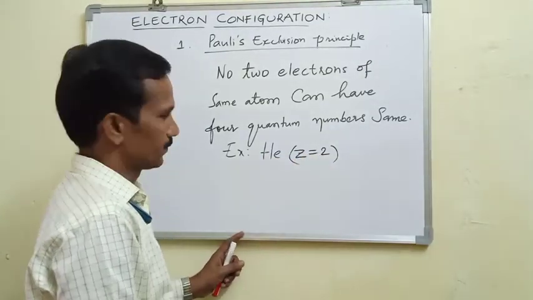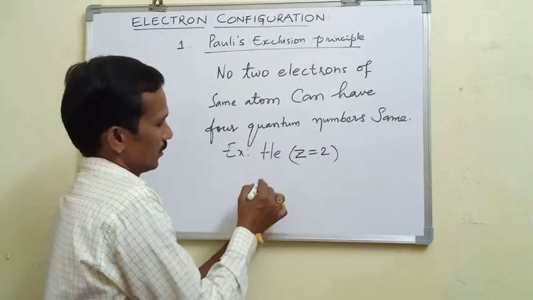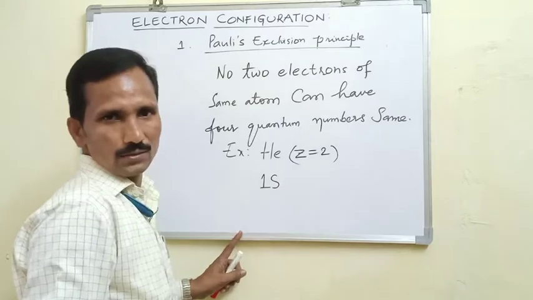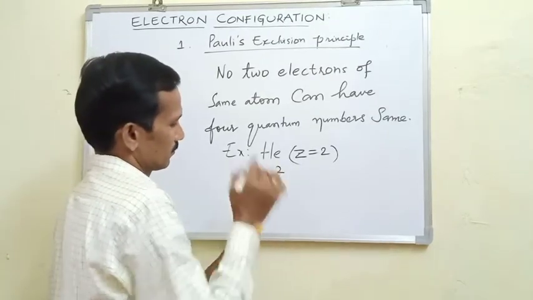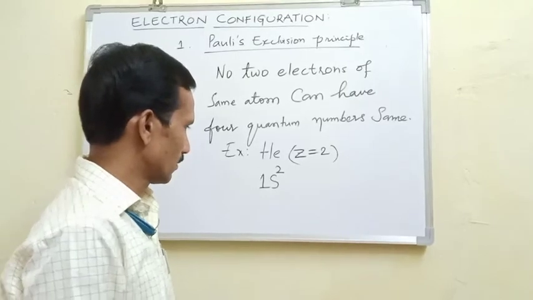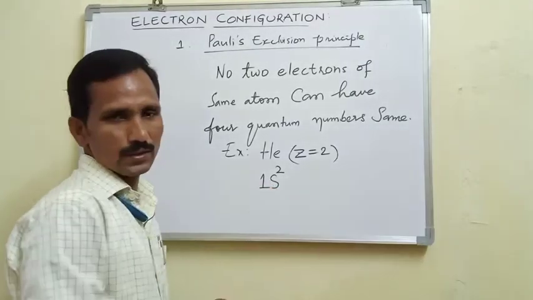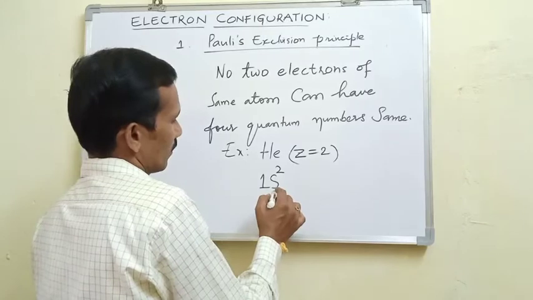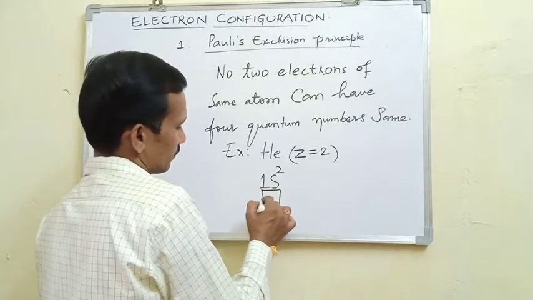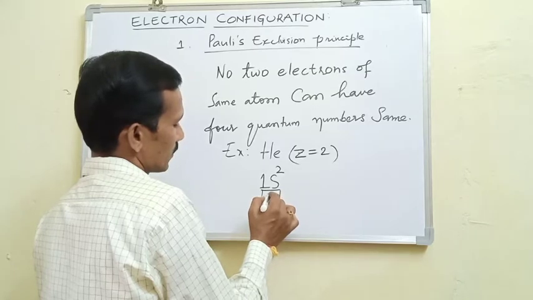So in the first shell there is the s orbital, it can accommodate 2 electrons. We can fill 2 electrons in the s orbital. So we write the configuration like this. In this, 2 electrons are there.